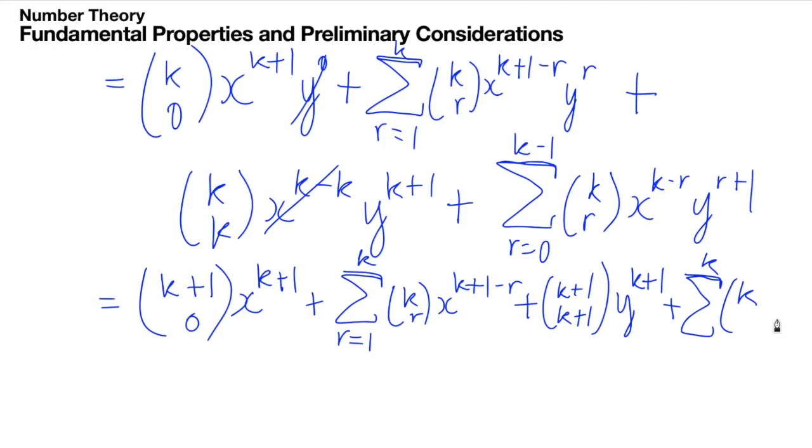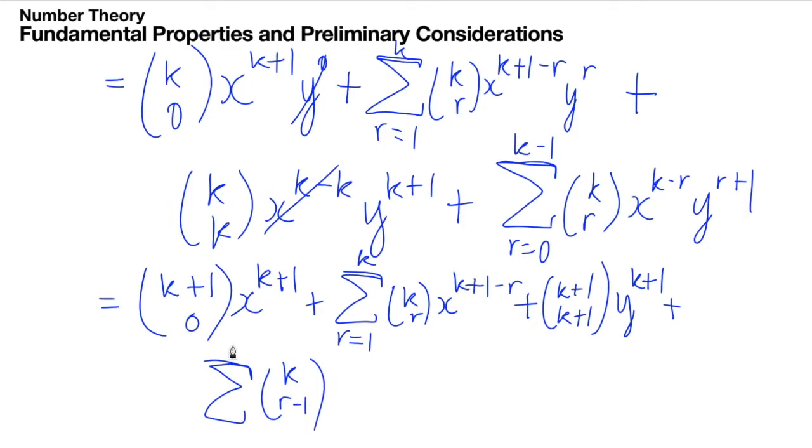Let me move this down below. Okay, plus, let's put it here. Summation of k choose r minus 1. Again, we have tried to adjust. r equals 1. And then x raised to k plus 1 minus r.